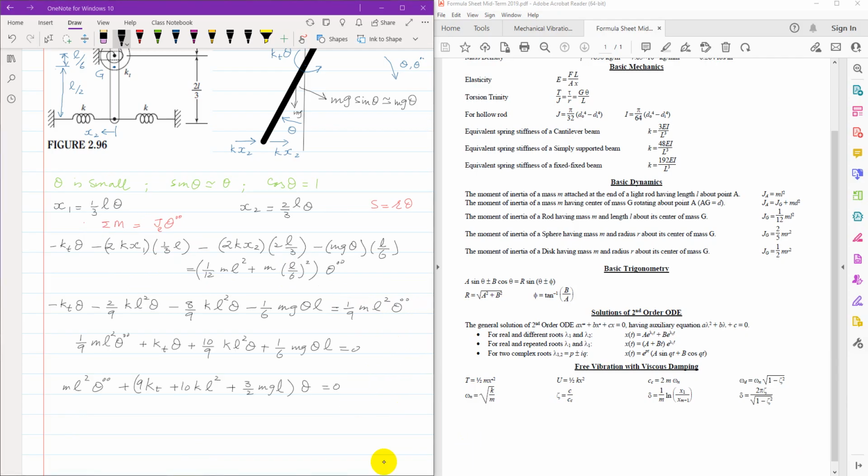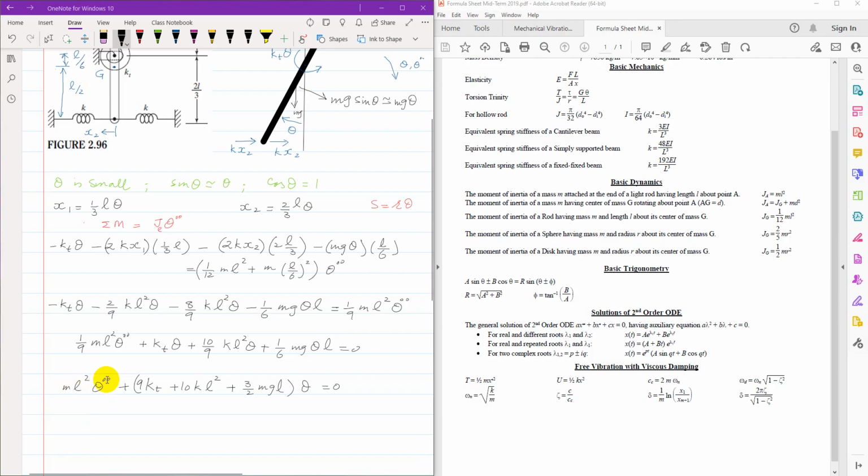So then it can be simplified if I take all those terms to the other side: minus 2 over 9 minus 8 over 9 will become minus 10 over 9. So 1 over 9 ml squared theta double dot plus kt theta plus 10 over 9 k L squared theta plus 1 over 6 mg theta L. Now I can get rid of the denominator by multiplying all terms by 9 on the left hand side and right hand side.